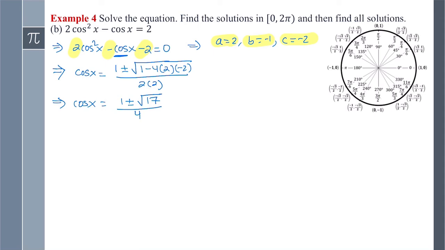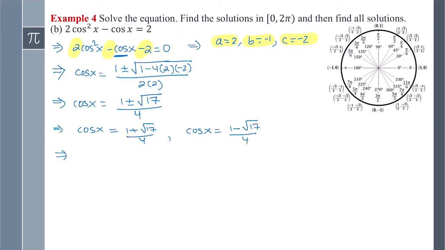From here, if we separate this, we get cosine x equals 1 plus square root of 17 over 4, and cosine x equals 1 minus square root of 17 over 4.